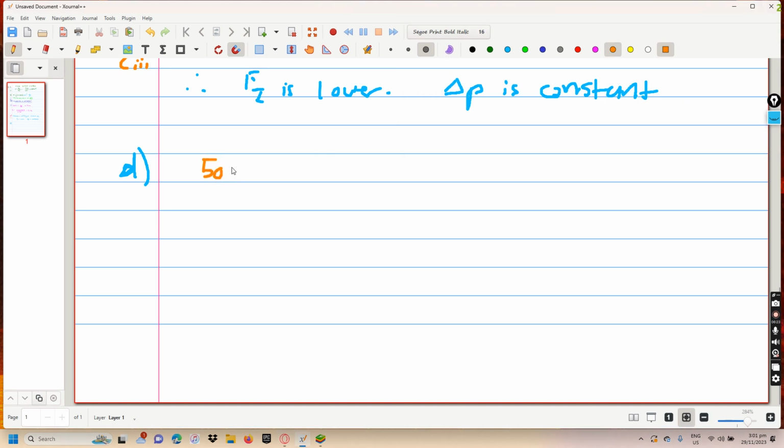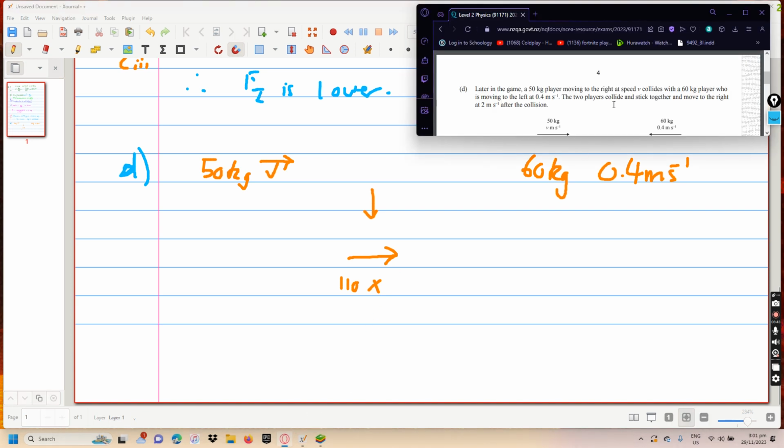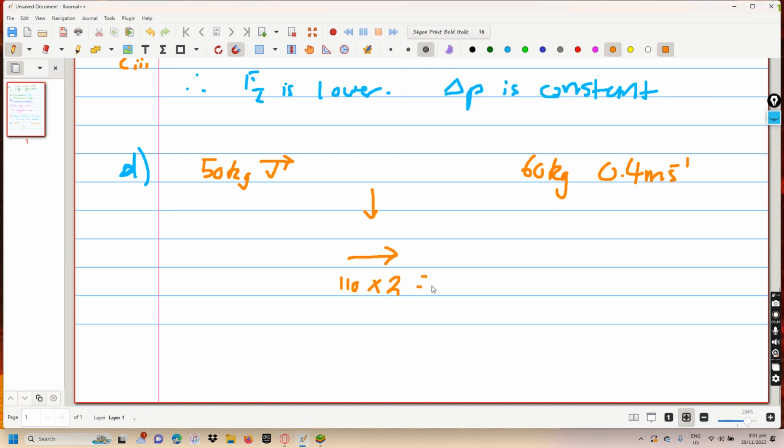You got 50 kilograms going at whatever that speed is, and you've got 60 kilograms at 0.4 meters per second this way, and then after the collision we're going at this direction, 110 kilograms times 2 meters per second, which equals 220. Okay, that's pretty poor, but yeah, 220.